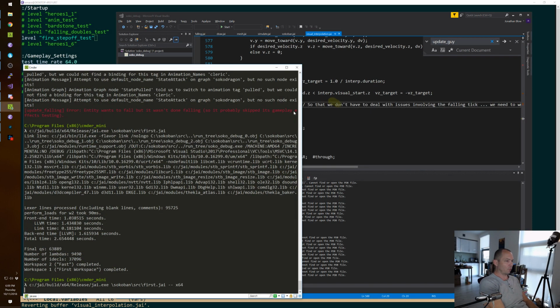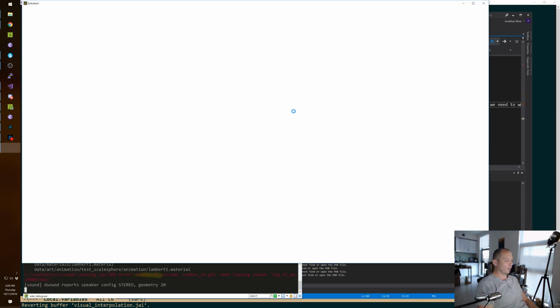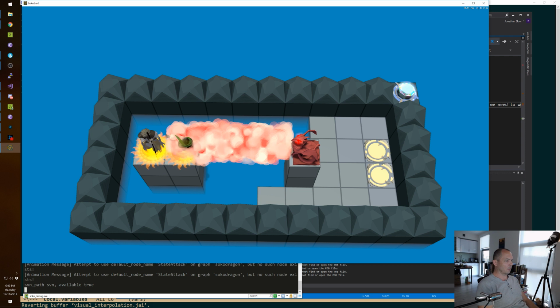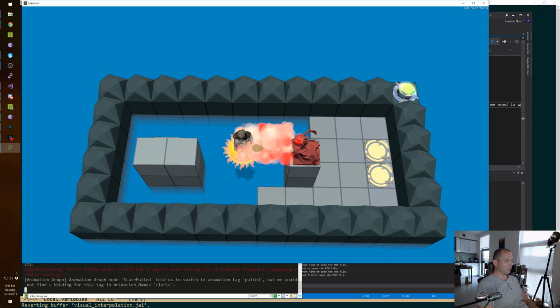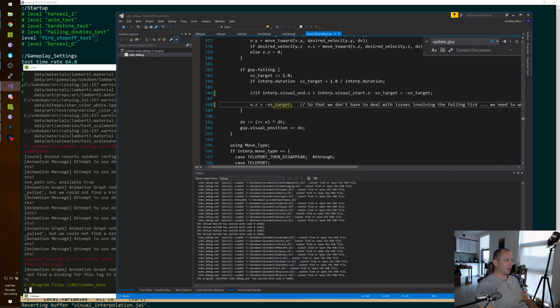I think we just force him to go down. This is still not necessarily the most robust thing, but okay, well now he just goes through the ground the other way. Why?